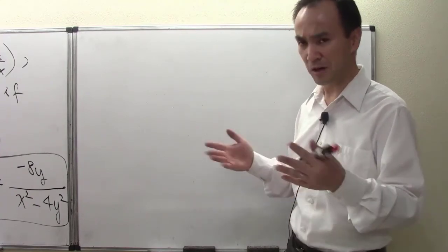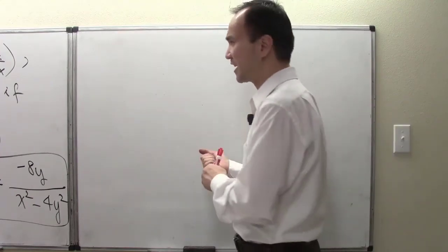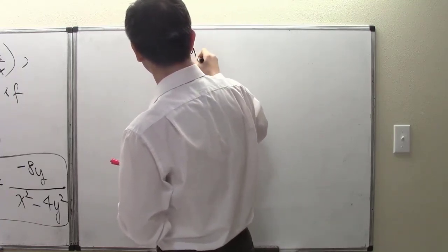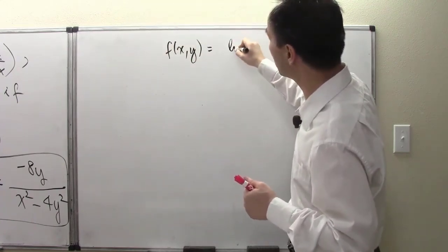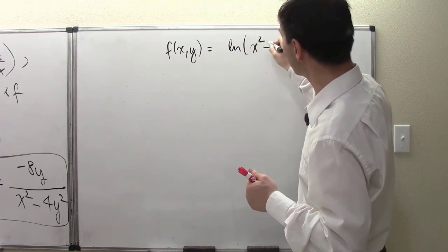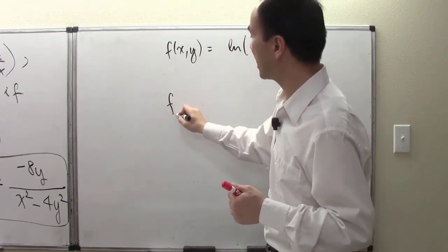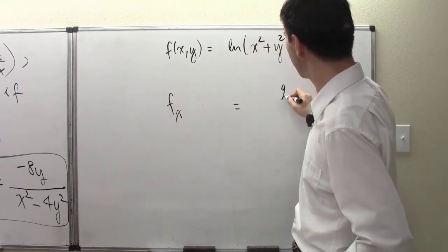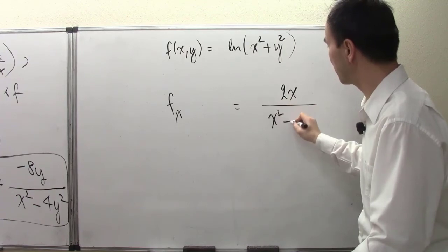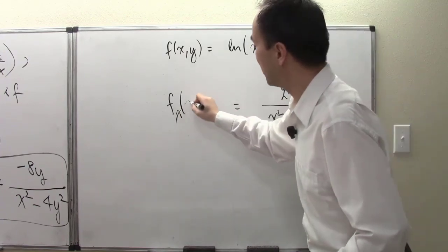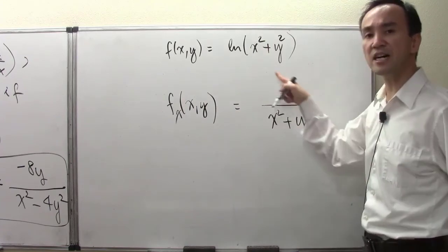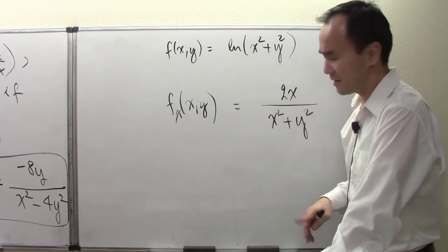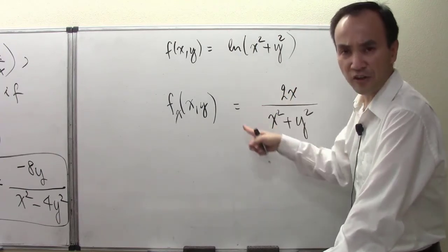For example, the one we just finished in example 1: f of x and y was originally the natural log of x squared plus y squared. The partial derivative in respect to x, I found to be 2x over x squared plus y squared. Now I can clearly see that this is another function in terms of x and y. It's not the same as the beginning function, clearly not, but it's also a function in terms of x and y.